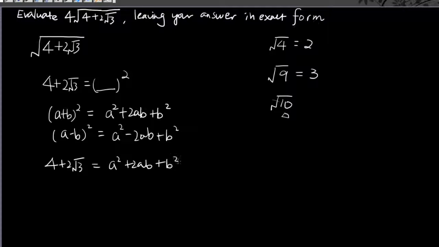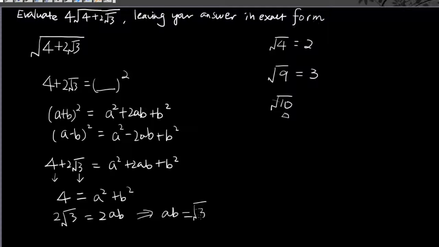The 4 has only an integer, and in the 2 root 3, the root 3 is not squared. So we may think, why not take 4 as a squared plus b squared, and 2 root 3 as 2ab. Then from this expression, a times b equals root 3.